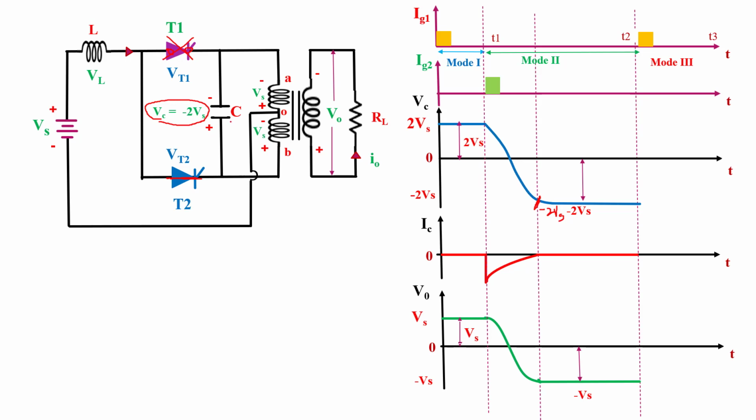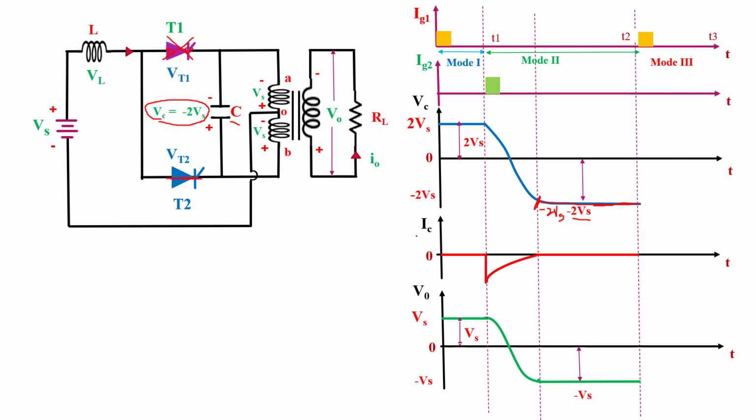The property of a capacitor is that it is a charge storing device. It will store charge for some time. Due to this property, the same voltage across the capacitor will be maintained in this time interval, that is minus 2 Vs.